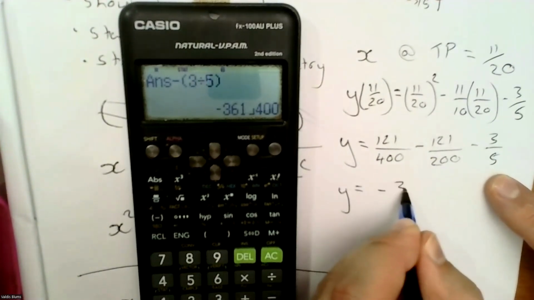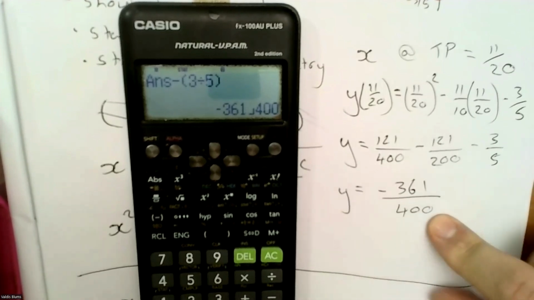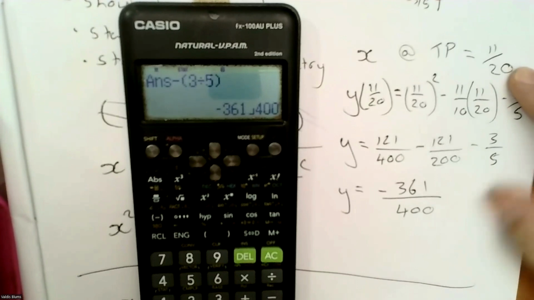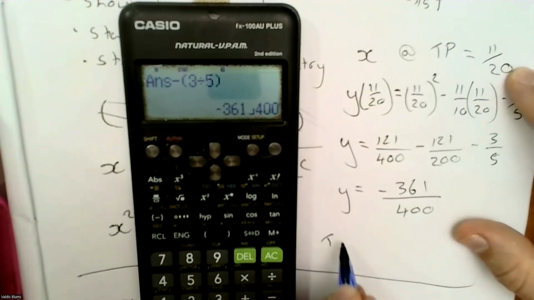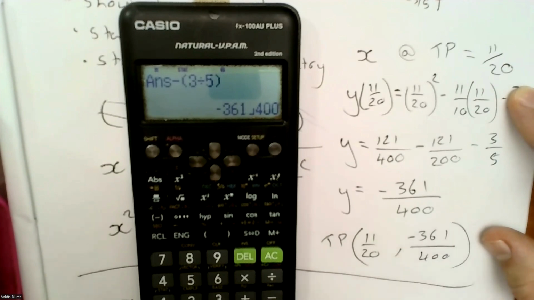So minus 361 over 400 is my y coordinate value for the x value of 11 on 20. And that'll be my turning point. So my turning point coordinates are 11 on 20, comma, negative 361 on 400.